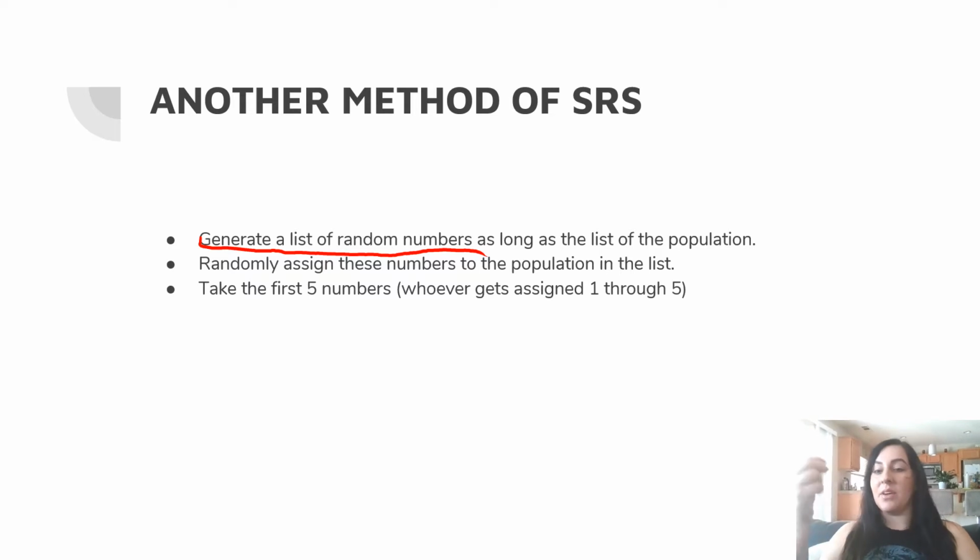And then you can grab your second number, and whoever you assigned to be that number can participate in the study. So really it's very similar. This is pretty much the same thing, and you're going to achieve the exact same result. It's just a little bit of a different way to do it. Okay.